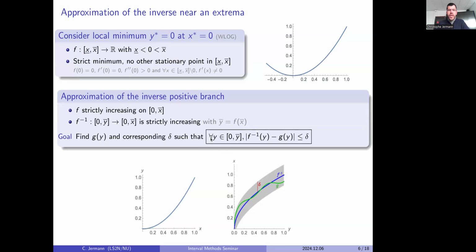Formally, for all y within the image domain, the difference between the inverse of f at y and g of y is less than or equal to delta.